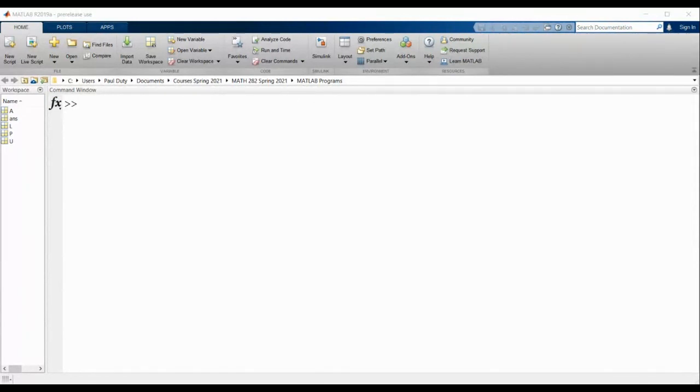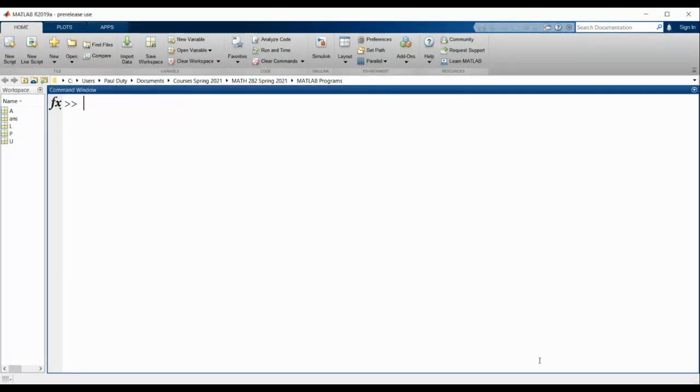Can everybody see my MATLAB screen all right? Excellent. Okay, so the matrix A, I typed it in, and there it is. You know how to type a matrix in MATLAB.